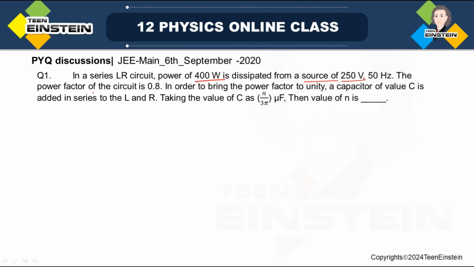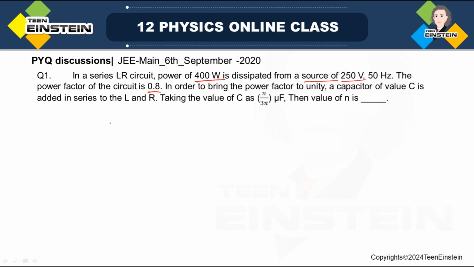The power factor of the circuit is given as 0.8. In order to bring the power factor to unity, a capacitor of value C is added in series with LR.